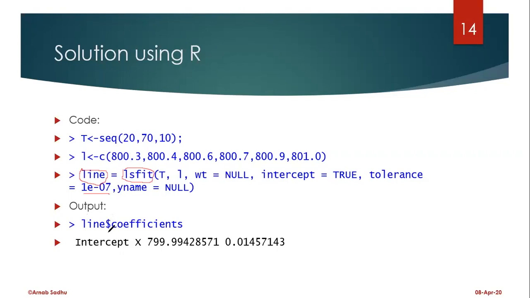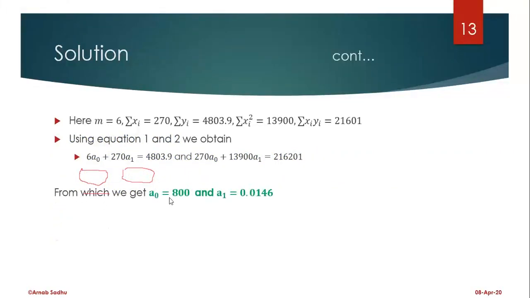You will just need to view this term, coefficients. So line dollar coefficients will give the intercept, 799.9, that is the value of a0, and this is the value of a1. See, in the mathematical case we found a0 is equal to 800.